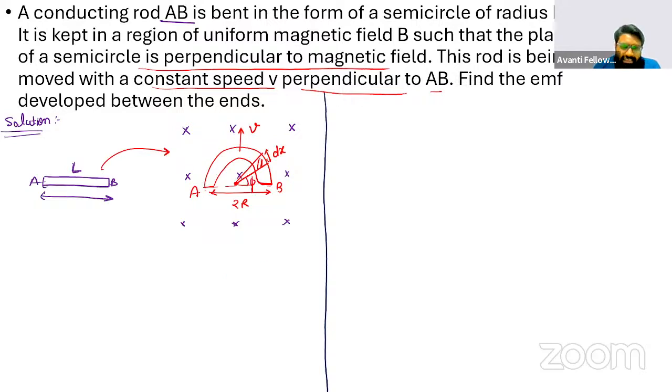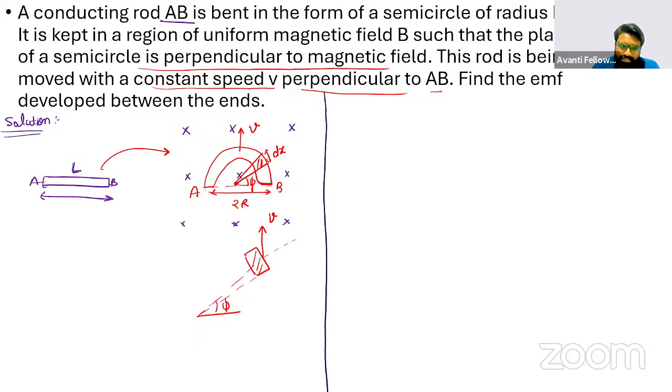Now I'm just considering this particular length element, which is dx, clear? Let me make this a bit bigger. Now the velocity is like this, in this direction, this is v, and this particular angle is phi. We have considered the angle phi, got it? So what should be this angle?